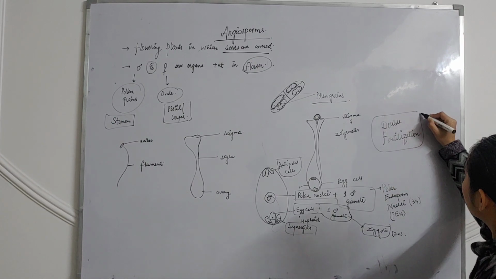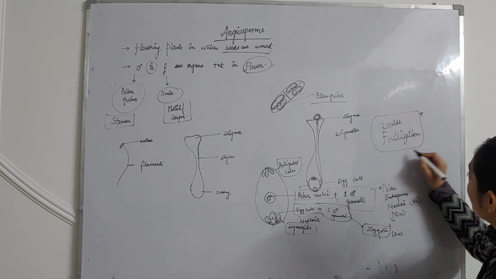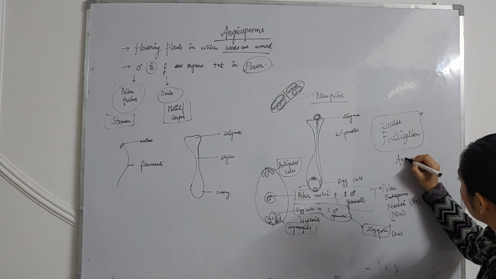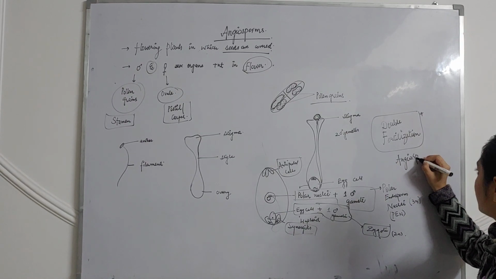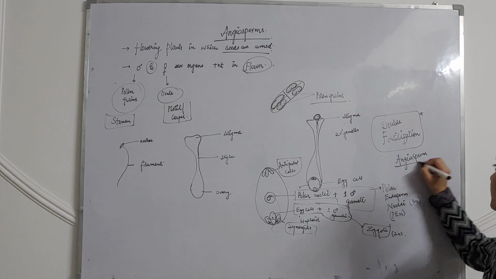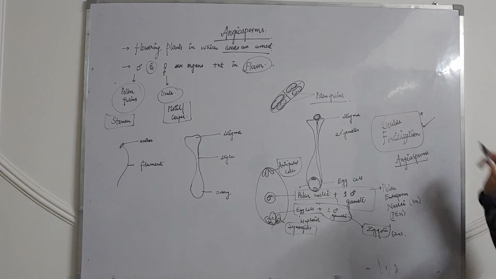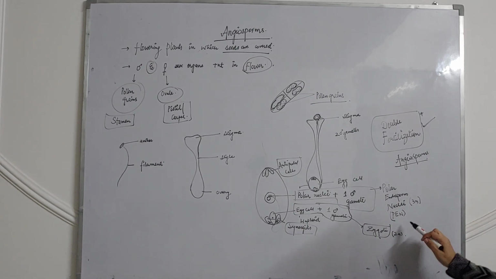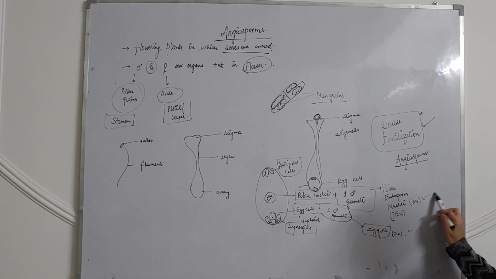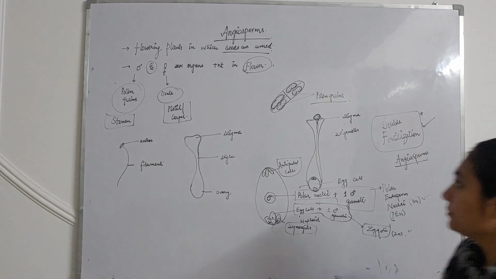Double fertilization is a unique characteristic feature of angiosperms, in which the zygote and polar endosperm nuclei are formed. Okay.